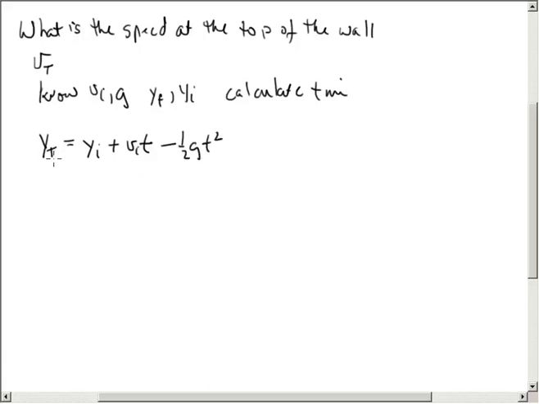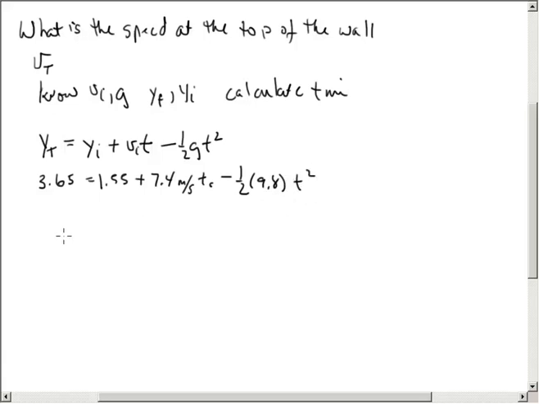Now, Yt is 3.65 equal 1.55 plus 7.4 meters per second, and all this is times time in seconds, minus 1/2 times 9.8 times time squared.